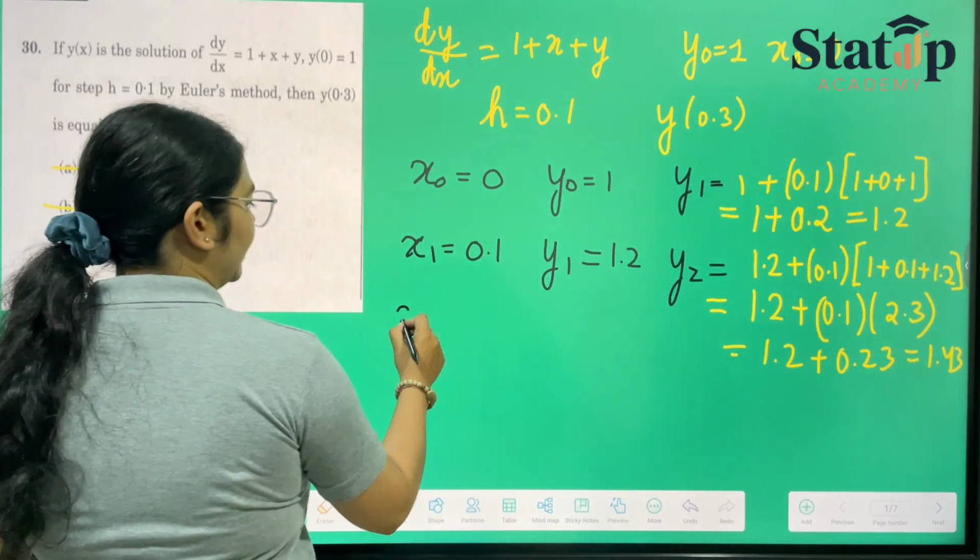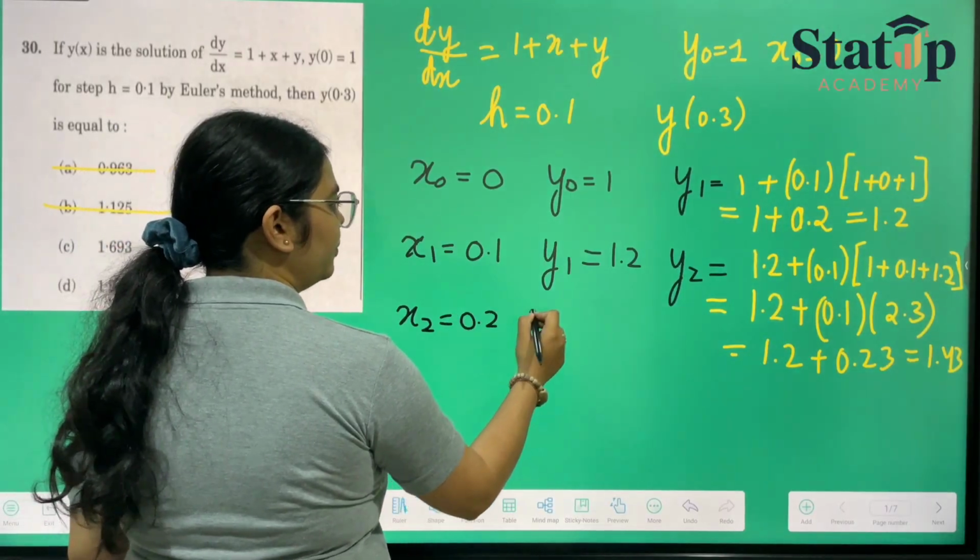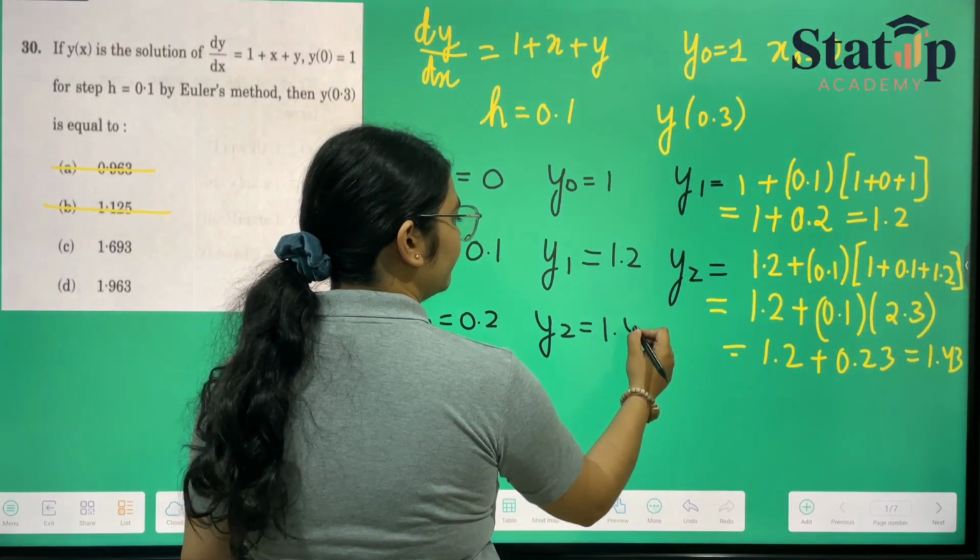Now the next iteration, when x2 is 0.2, y2 is 1.43.